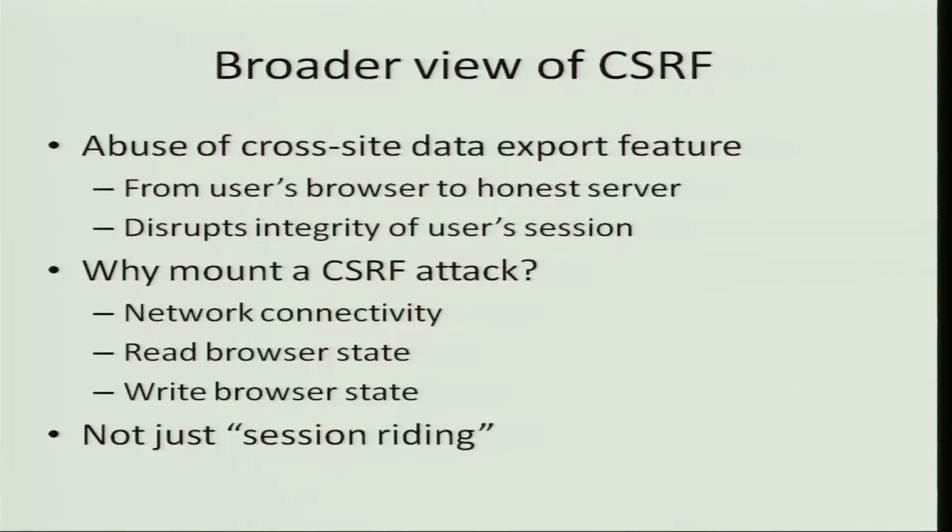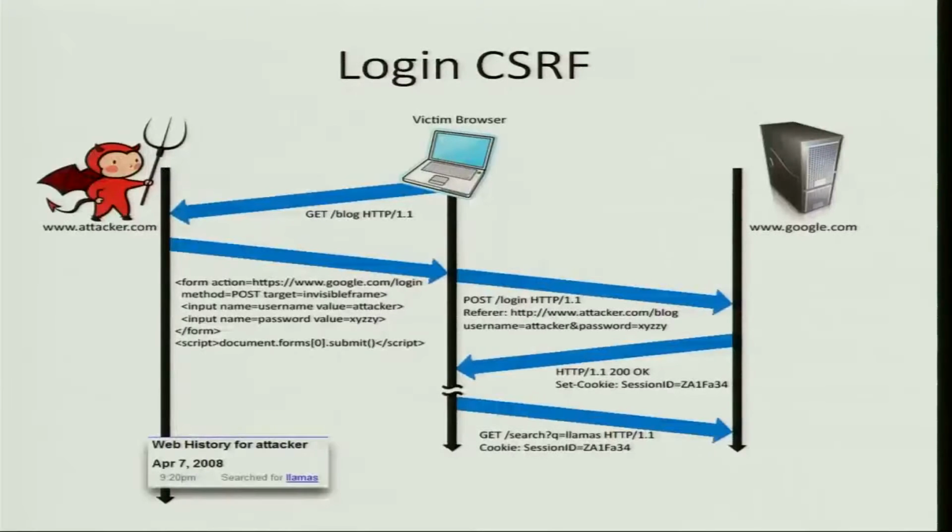Another could be that you want to get network connectivity on a network which requires authentication, or you want to read the browser state, or write the browser state. So CSRF could be used for such things as well. Here is another example where CSRF is used to embarrass people. Suppose you don't want your web search history to be known, for example, if you are an activist looking up literature on revolution, and you don't want the government to know.